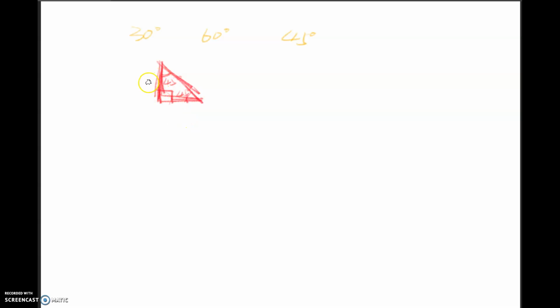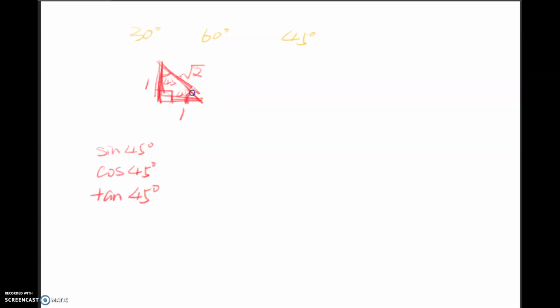So if I have the segment measurement as 1 unit and 1 unit, I will know the hypotenuse will be square root 2. So then from this picture, I can know the sine of 45, cosine of 45, tangent of 45 degrees.